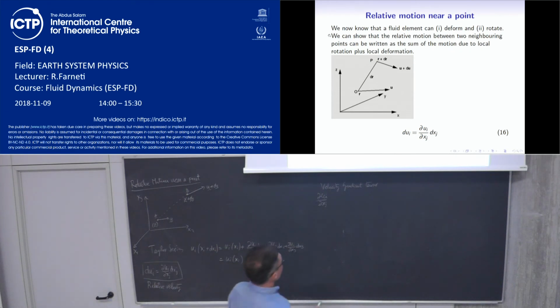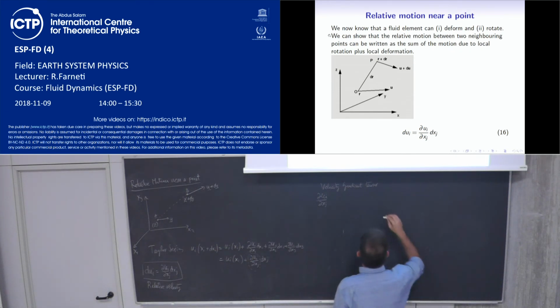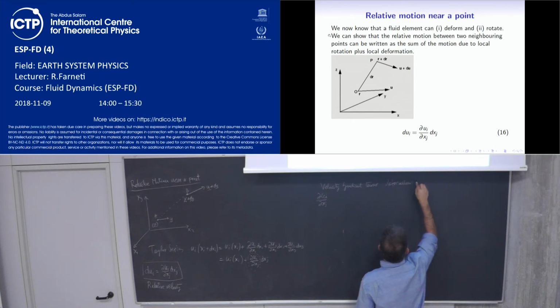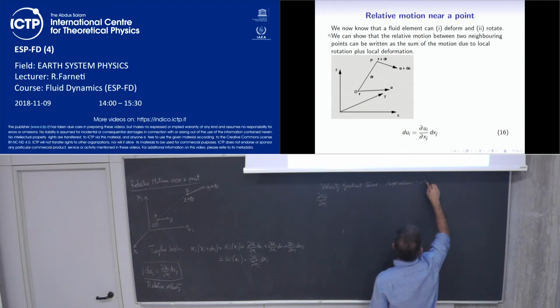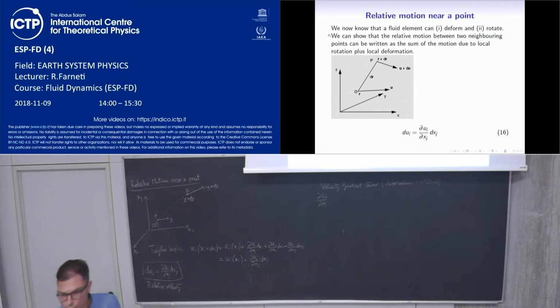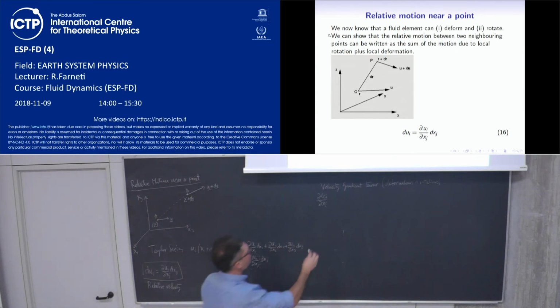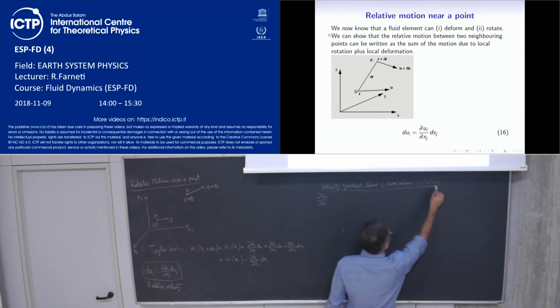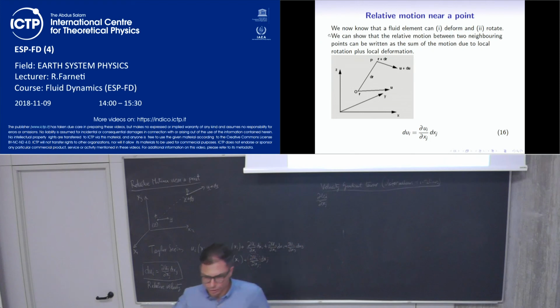And so the velocity gradient tensor will have all the deformations plus all the rotations that the particle of fluid has experienced going from A to B. So if you remember, the velocity gradient tensor had the diagonal terms that were the linear strain rates, right?